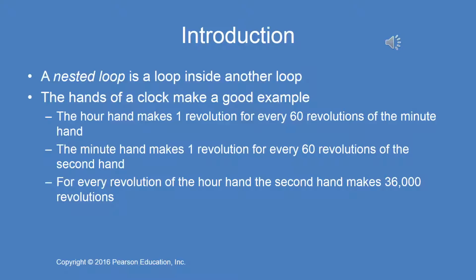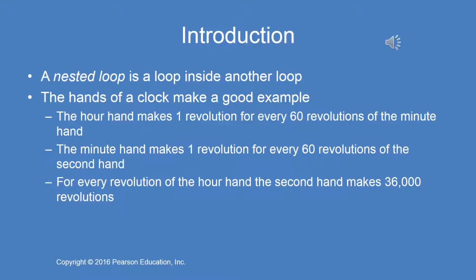So an example is the hands of a clock. The hour hand makes one revolution for every 60 revolutions of the minute hand. So the minute hand would be the inner loop or the nested loop. The minute hand makes one revolution for every 60 seconds of the second hand.